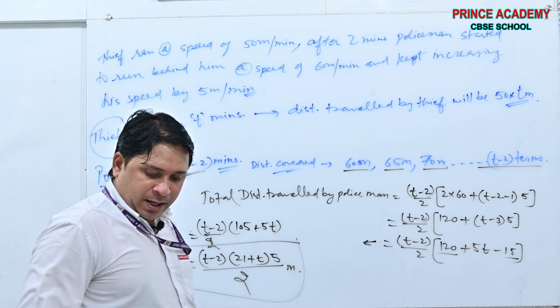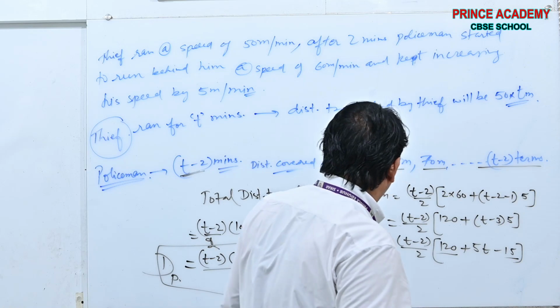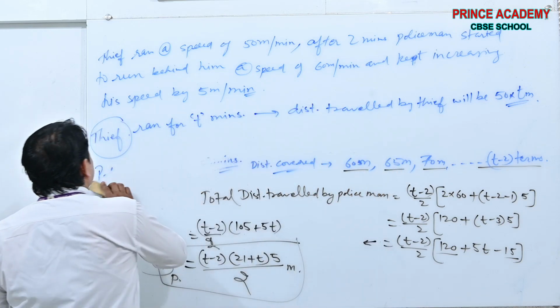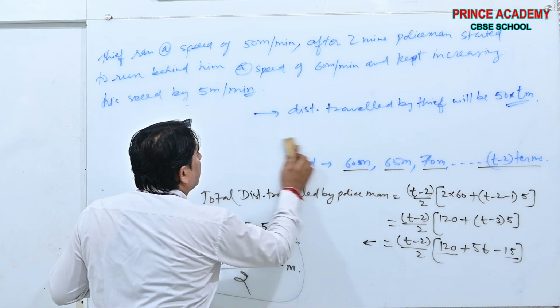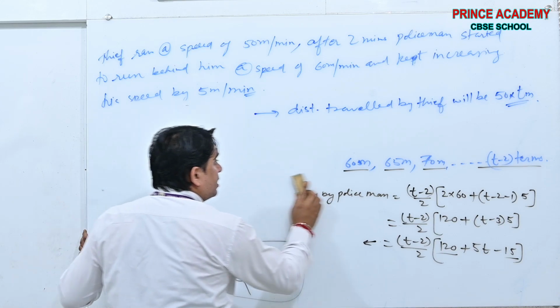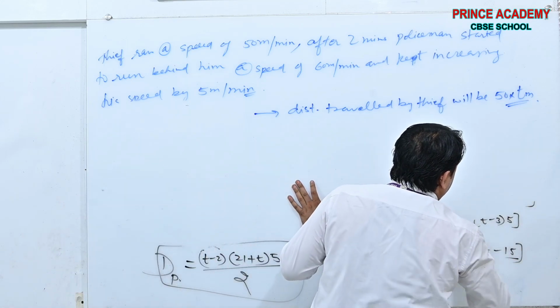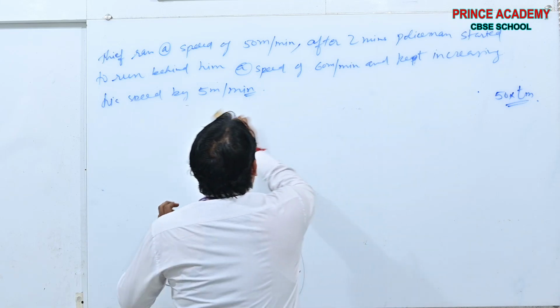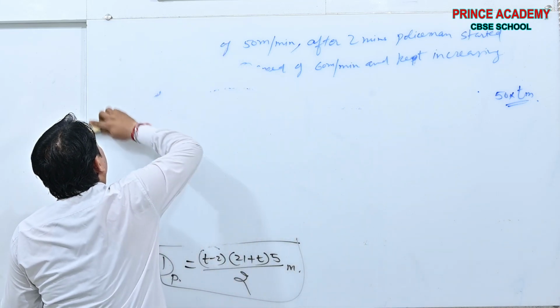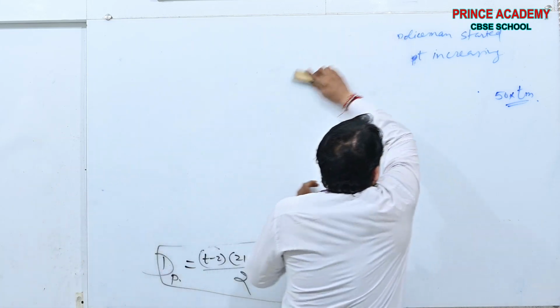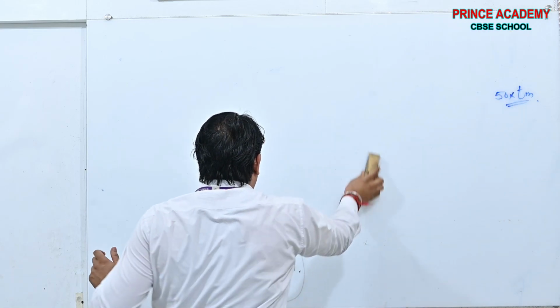Done. Now see beta. The distance traveled by the policeman and the thief is the same, and I am comparing these distances. You will get the result.